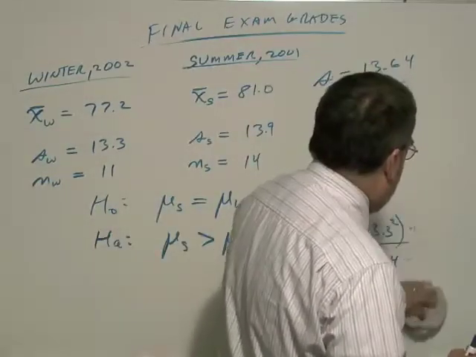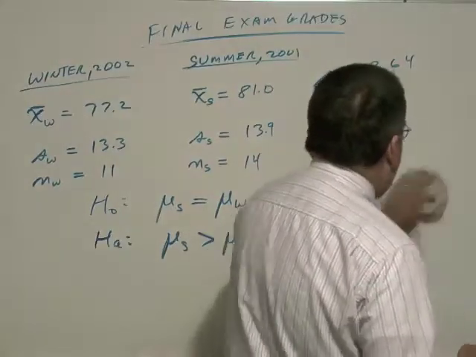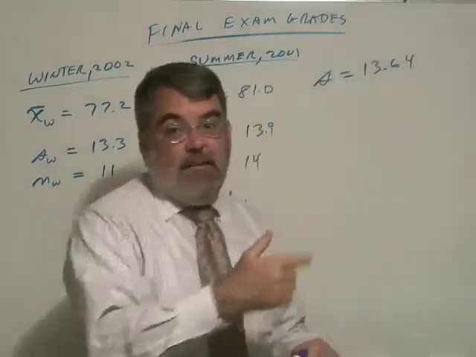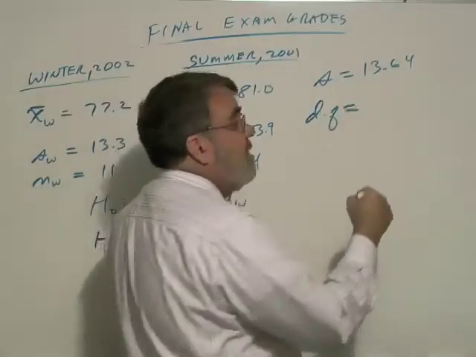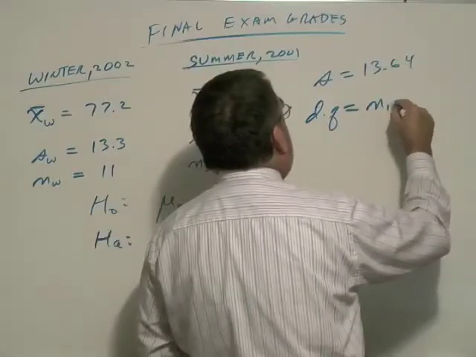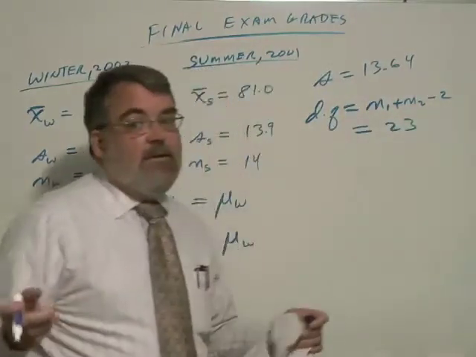Now, they have another little calculation here on page 295, the degrees of freedom. And the degrees of freedom is the denominator of the calculation I just did. So the degrees of freedom we'll use is N1 plus N2 minus 2, which worked out again to 23.